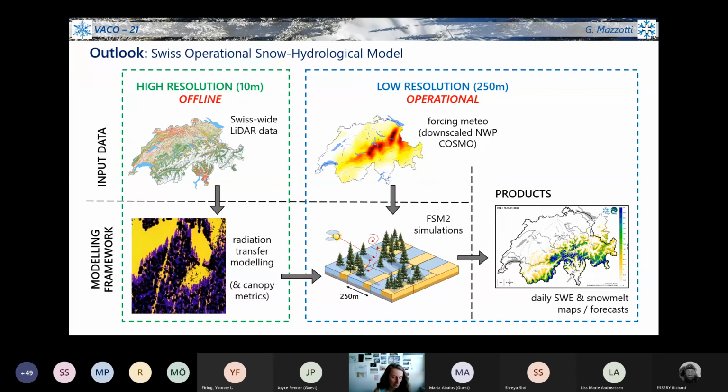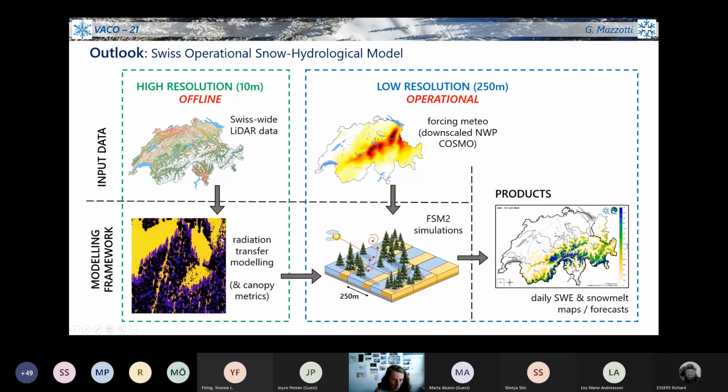And now the cool thing is that based on our research findings, we can operate at multiple resolutions. So we have, as you see up here, countrywide LiDAR data at quite high point density, and we can use this LiDAR data to run the radiation transfer model and to calculate canopy structure metrics.